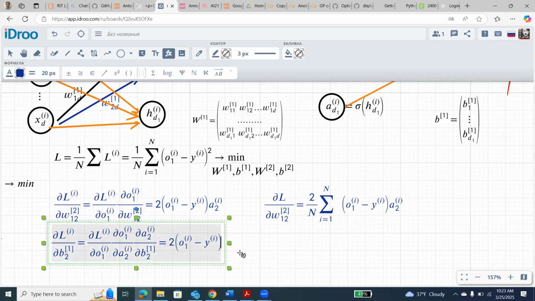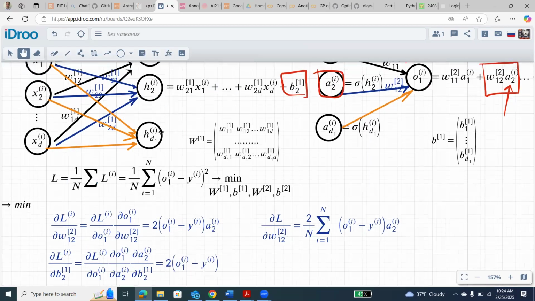But the second derivative: what is the derivative of our output with respect to A2? It will be this constant, W1.